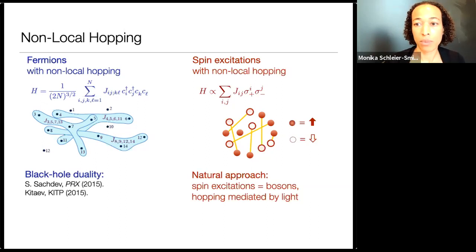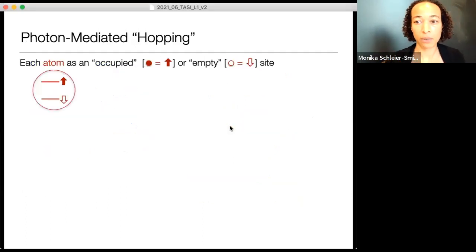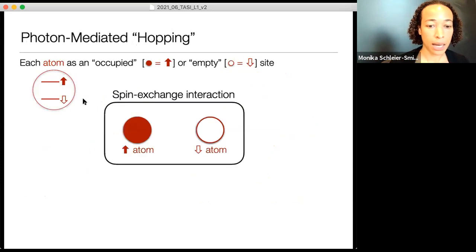So the excitation is my particle. And what we'll do is have something where the excitations can hop in a way that is mediated by light. I can convert an excitation into a photon into an excitation that's somewhere else. So to be very concrete, I can think of each atom, if it's a spin half atom, I'll think of spin up as having an excitation on this site.